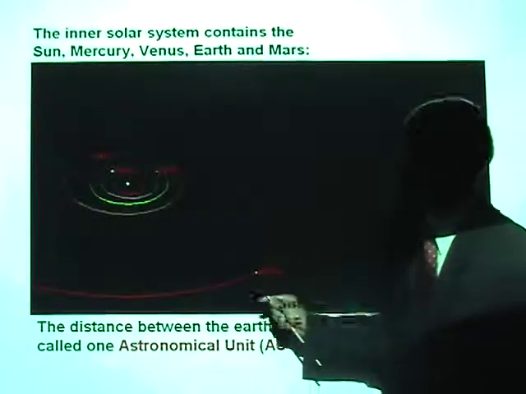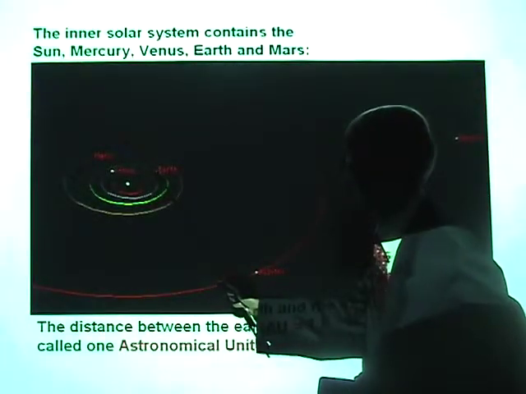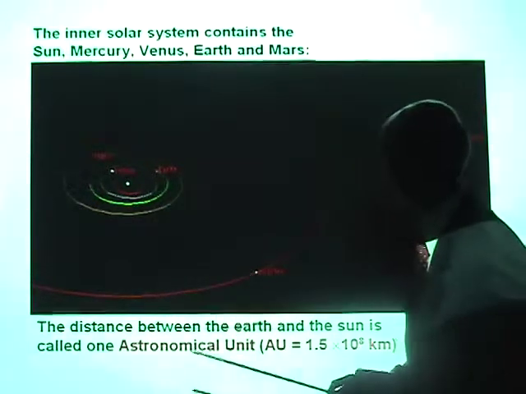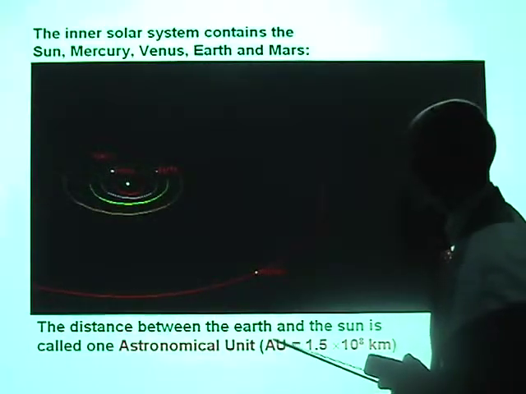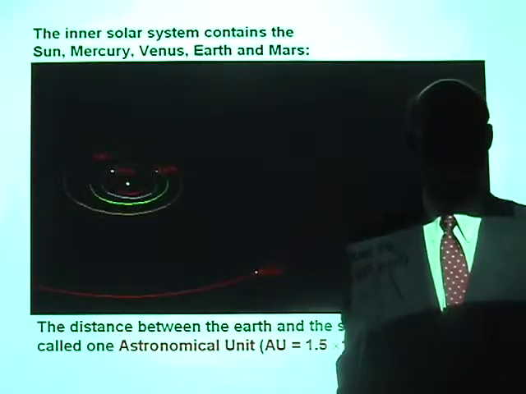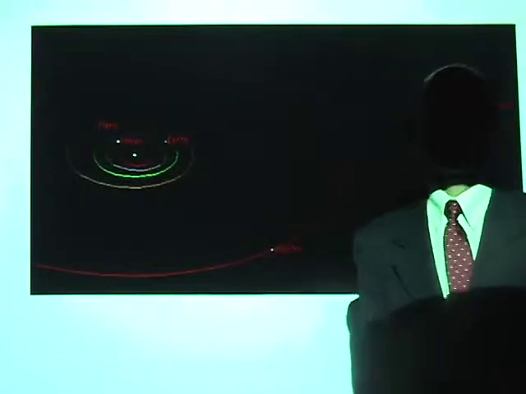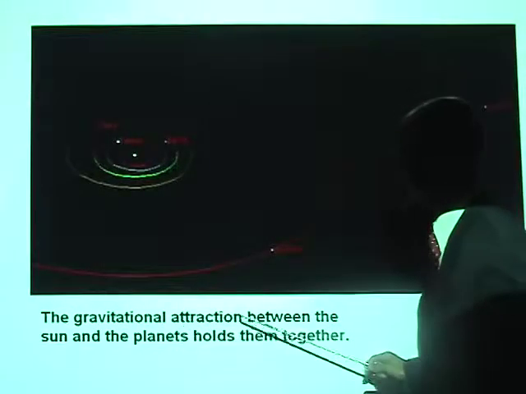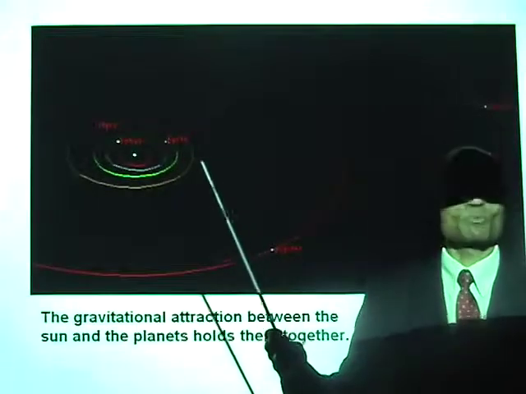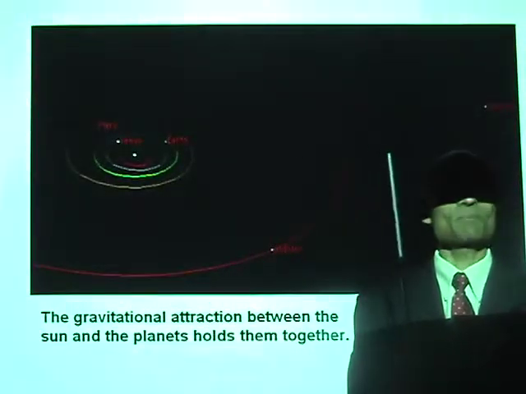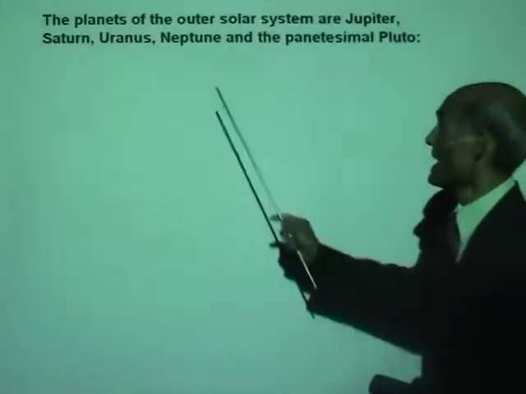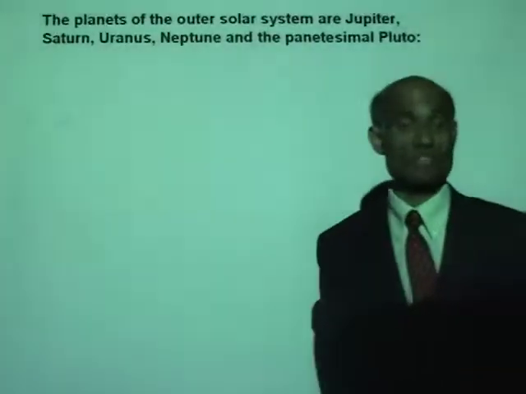So the distance between the Earth and the Sun is called 1 astronomical unit, in abbreviation AU, and it is 150 million kilometers. The gravitational attraction between the Sun and the planets is responsible for holding the planets and the solar system together.